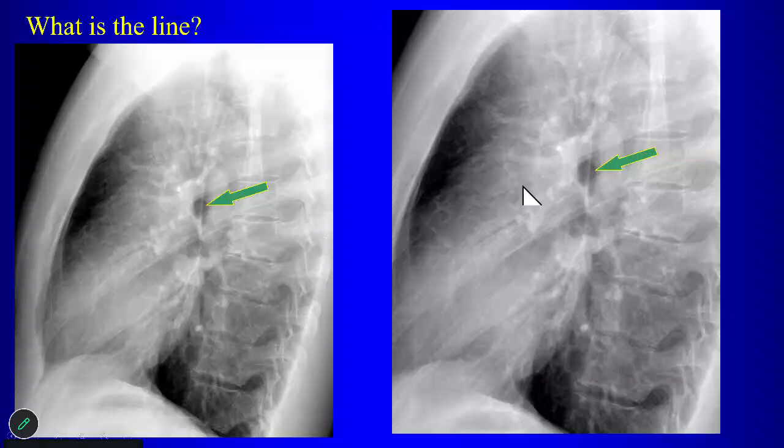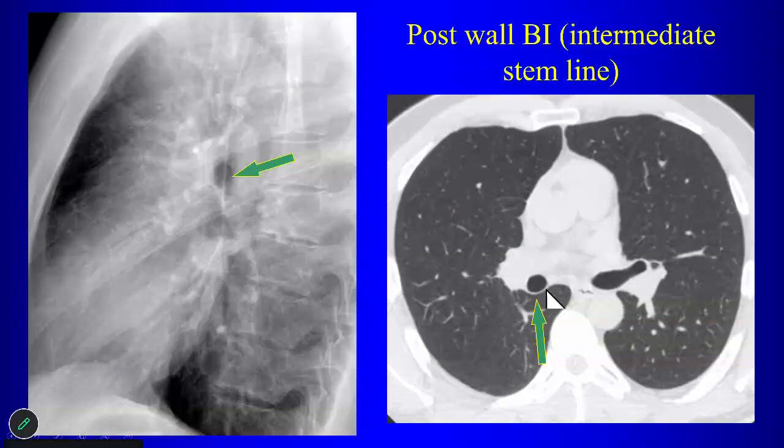This line that's bisecting the left upper lobe bronchus, what is that line? Posterior wall. That's the posterior wall of the bronchus intermedius, and we see it because on the lateral view, the bronchus intermedius projects over the left upper lobe bronchus.